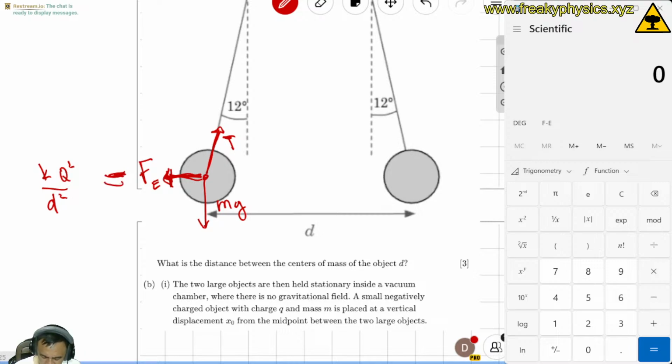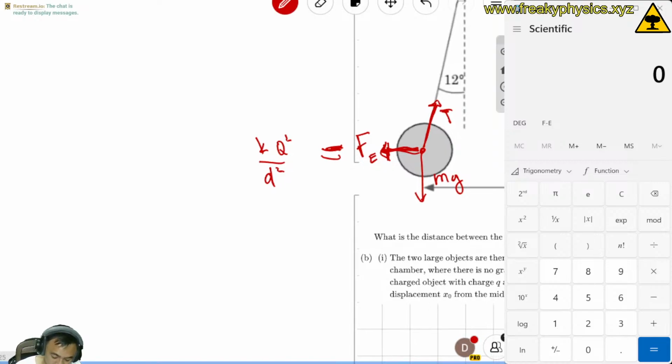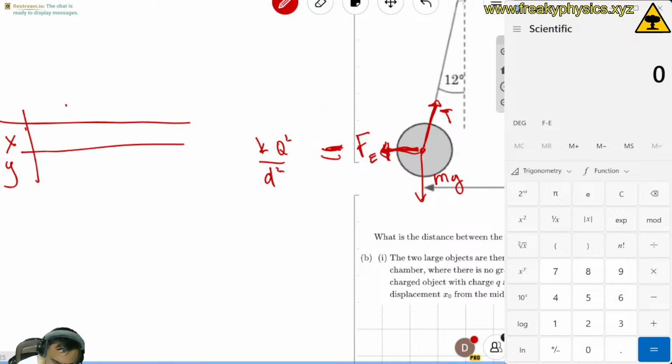For the tension, we can do the free body diagram, or we can solve the individual components x and y for each of those forces. So we're going to have the mg, the tension, and then FE.